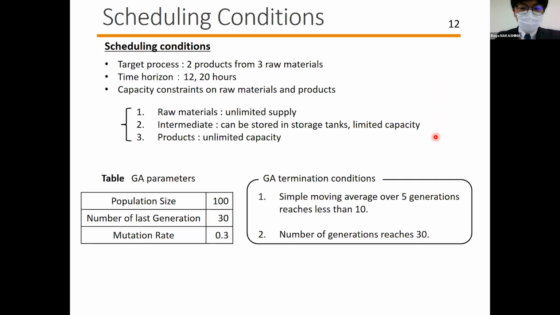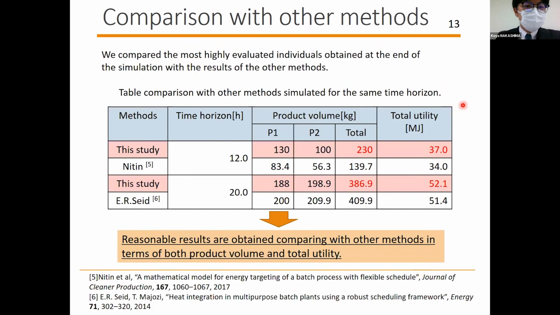The parameters of GA and termination conditions for the simulation are shown here. The table below shows the most highly evaluated individuals obtained at the end of the simulation and the results obtained by the other methods. The middle 3 columns show the production volume, and the right column shows the total utility usage.